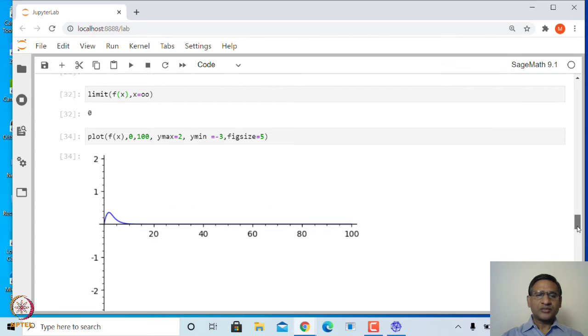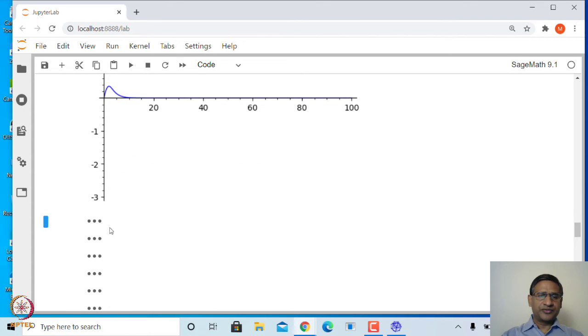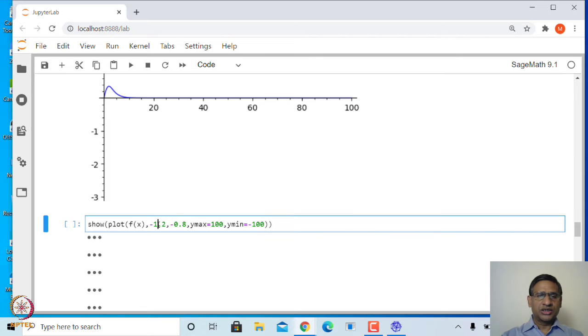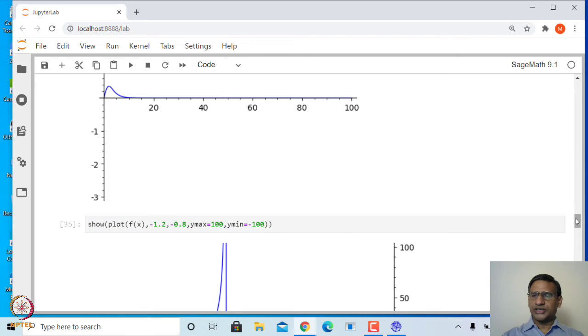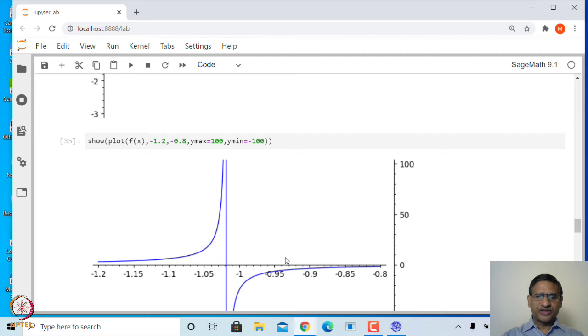Whereas we have already seen that in case we look at the function's graph near minus 1, between minus 1.05 and minus 1 there is a point at which this function does not have a limit. From the left hand side it goes to plus infinity, from the right hand side it goes to minus infinity.